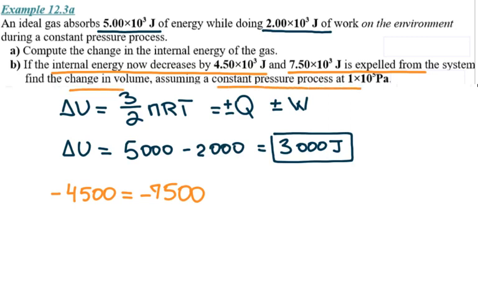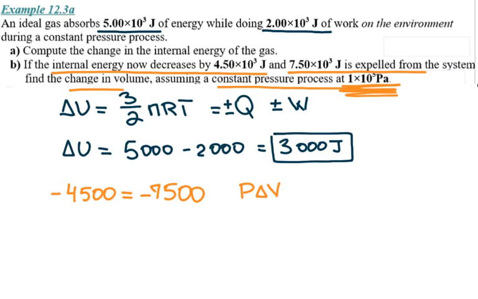So the work is equal to pressure times the change of the volume. The gas is losing energy, heat is taken out of the system, and then the volume changes, but the pressure stays the same.